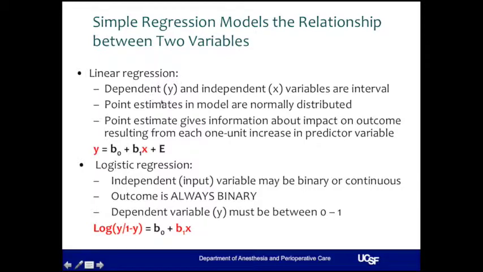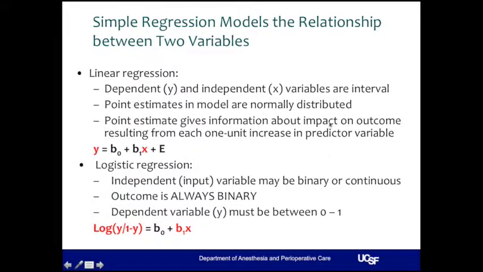A linear regression looks at a y variable, or dependent variable, which we also call an outcome variable, and an independent x variable, and these are both interval or continuous values. The point estimates in the model are also normally distributed. Don't worry about what that means, but this is typically something we use on normally distributed data.